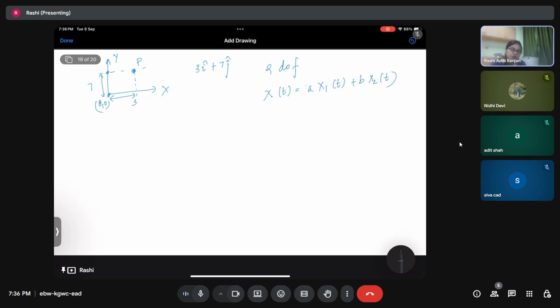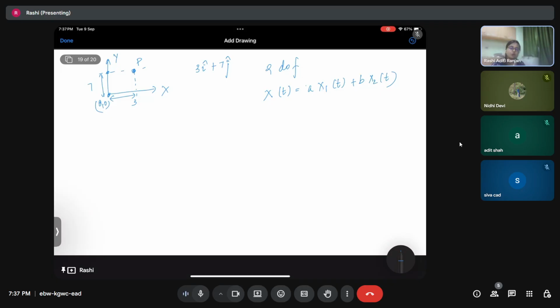Now these solutions, capital X1 of t and capital X2 of t, can be dependent on each other or independent of each other. But if we have the independent solution, it is easier for us. Do you know why having an independent solution is easier for us? Because for the independent solution, our equation gets transformed into decoupled one-dimensional equations.